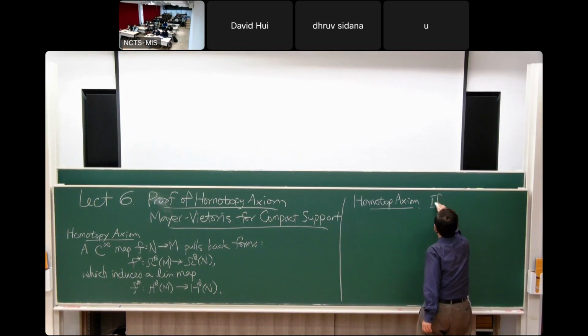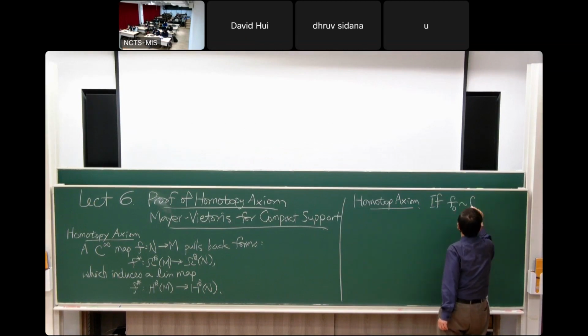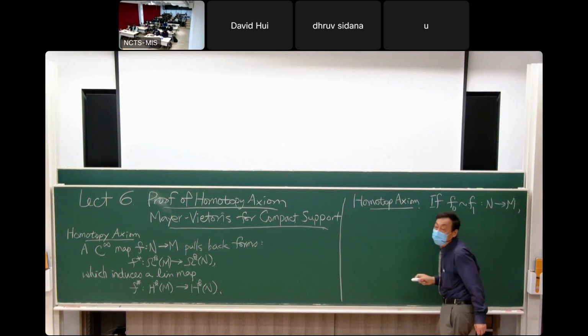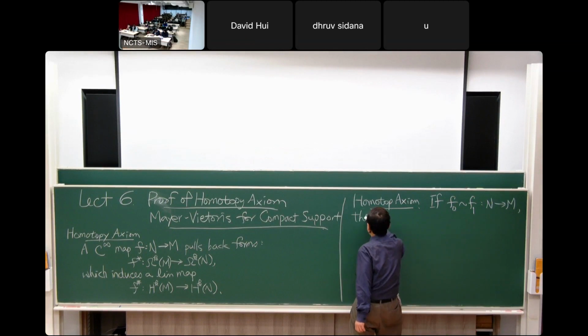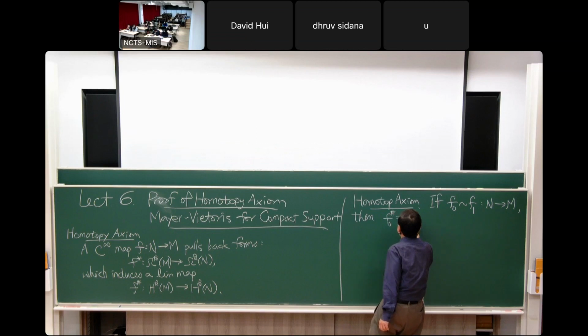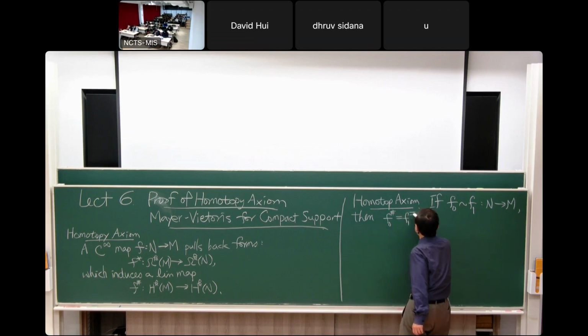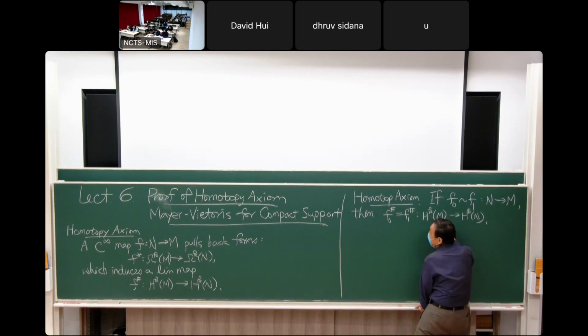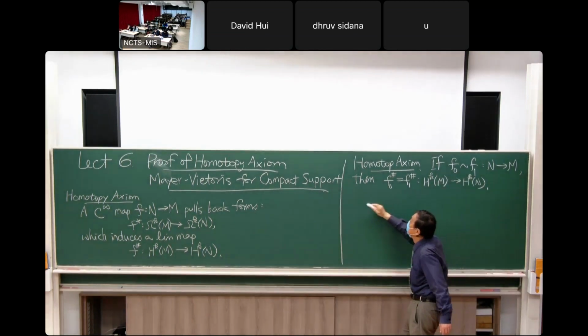So if F0 is homotopic to F1 from N to M, then the induced maps F0 hat and F1 hat are equal.